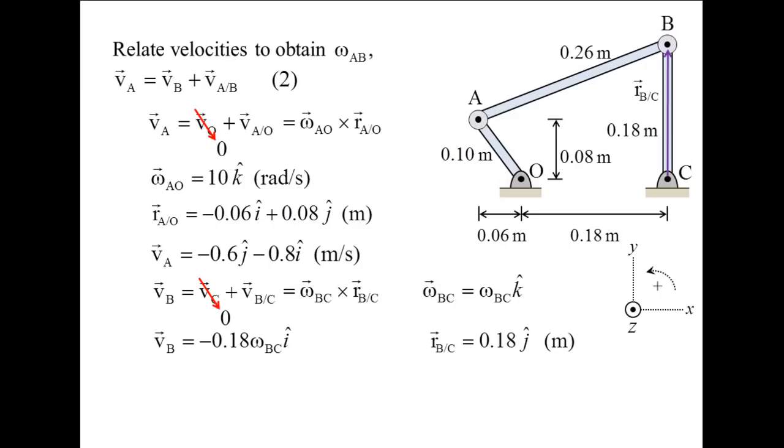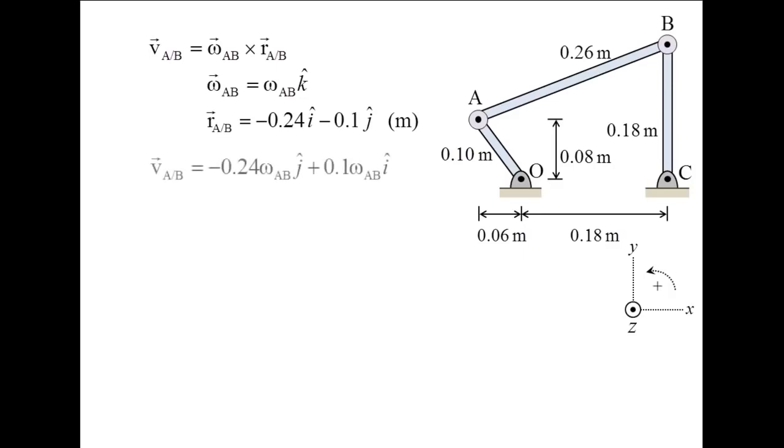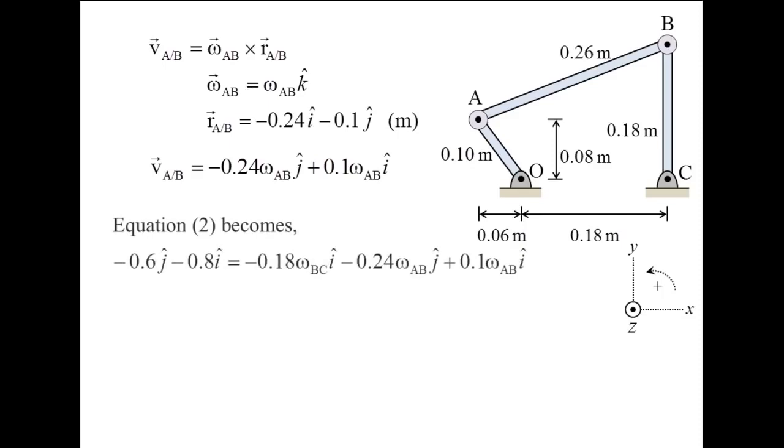Now we turn our attention to the last term in equation 2, VAB. VAB is rewritten as omega AB cross RAB. We already found expressions for omega AB and RAB and can evaluate their cross product. Plug in all the velocities into equation 2, equating the x terms and the y terms.